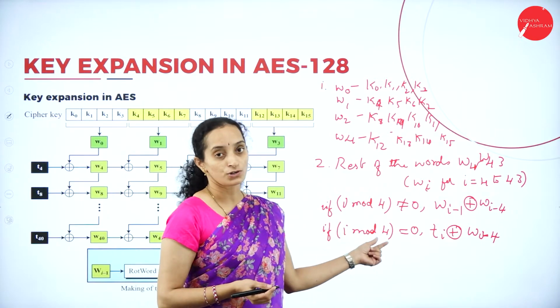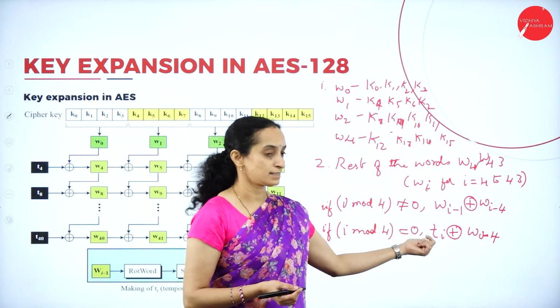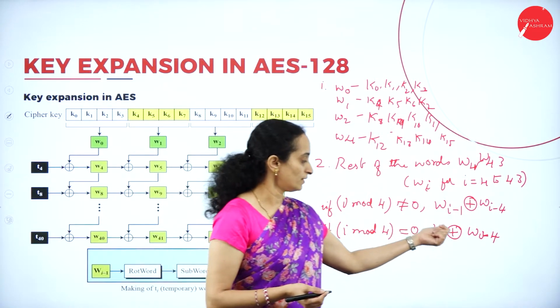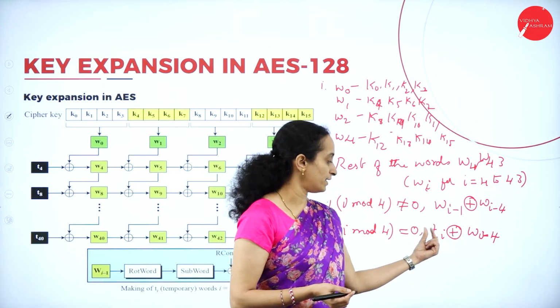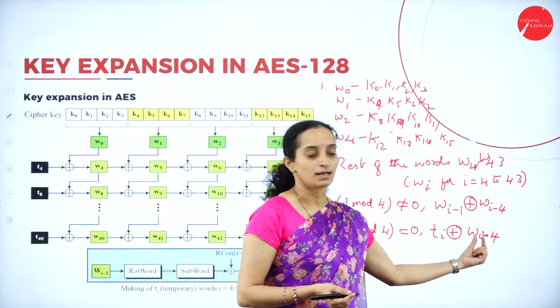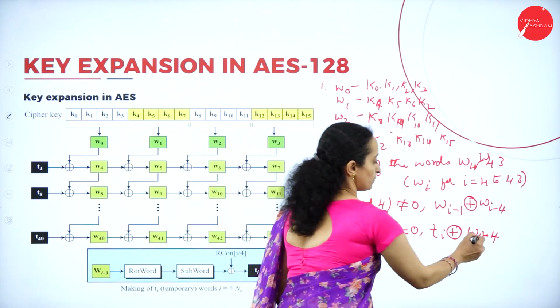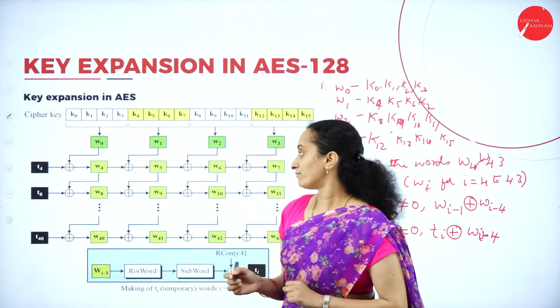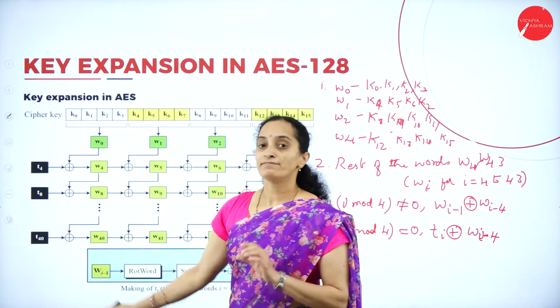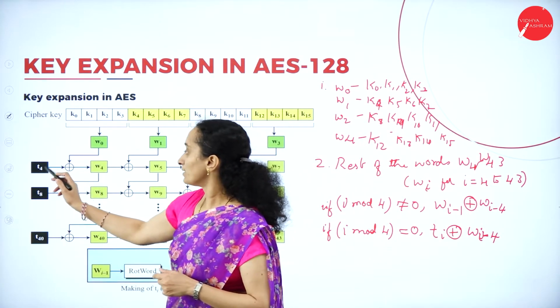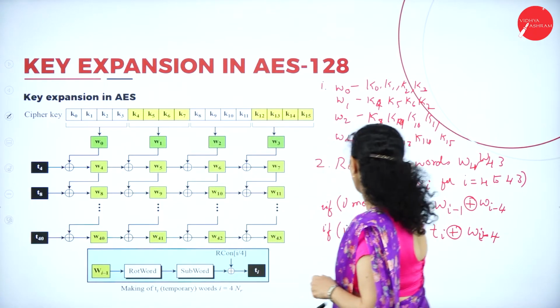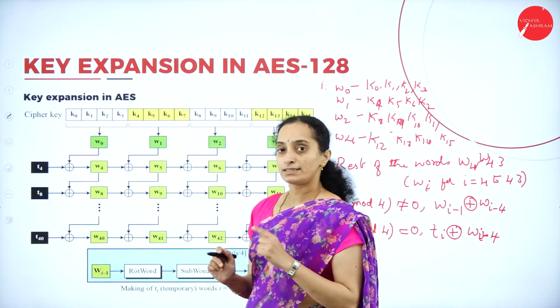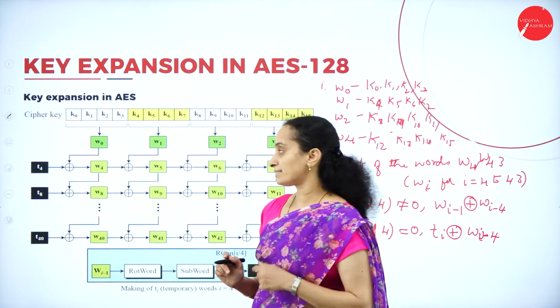If the modulo operation gives 0, then the expression will be T[i] XORed with W[i minus 4]. T[i] is a temporary word that we add with each round key. So we have T[i] plus W[i minus 4].